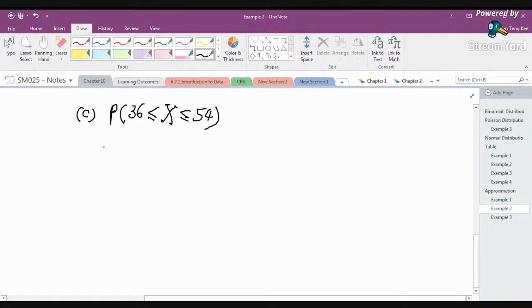Before you get so excited to do standardization to solve this question, let us do continuity corrections. Again, the inequality signs keep the same directions, but without equal. And we want to consider the case that I want to include 36 and I want to include 54. So let us use a number line to have a quick check.